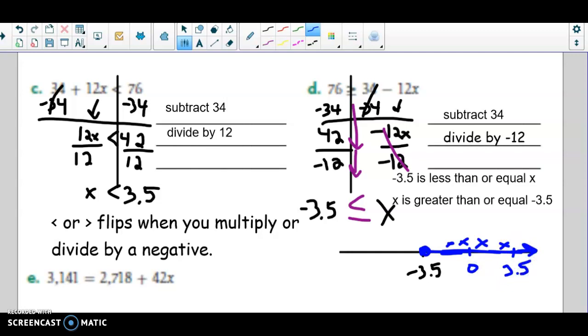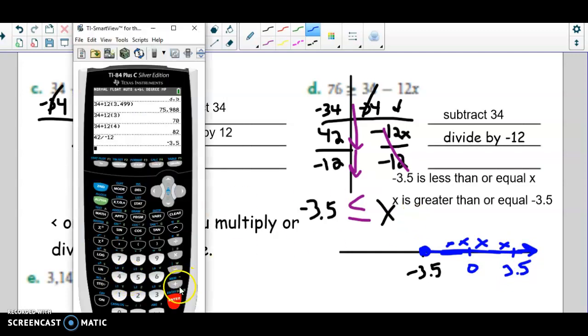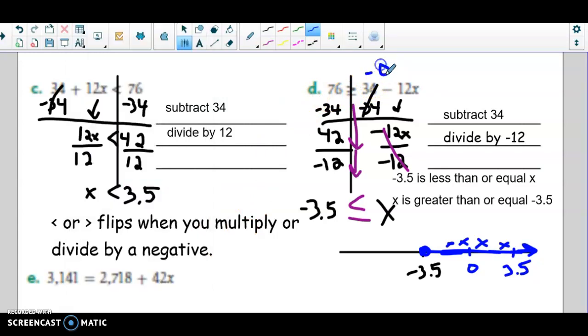So if we plug those numbers into our calculator, this is what we should get. If we do 34 take away 12 times 3.5, we end up with negative 8, and is 76 greater than or equal to negative 8?